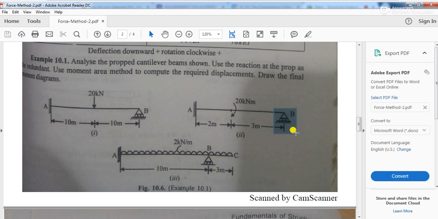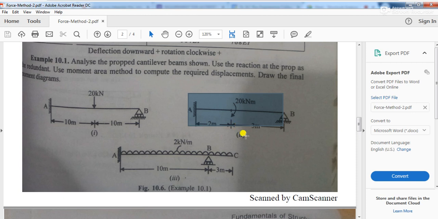If you remove the redundant from the structure, then subject to the other external loads, the structure will remain stable, and it will also be determinate. So if I take the reaction force at B as the redundant and remove it, I get a cantilever beam subjected to just a moment, 20 kilonewton meter at a distance of 2 meters from the fixed end.